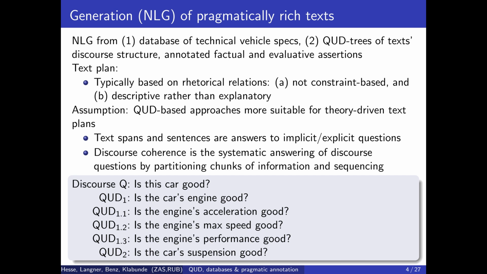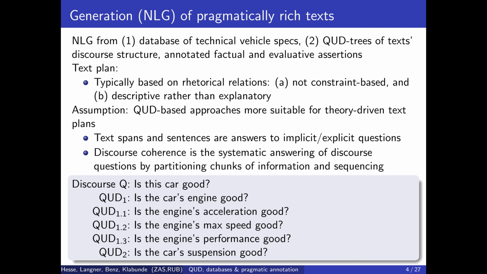So let's have different QUDs that ask for the acceleration, for the maximum speed, for the performance, and then as a whole, answering those three sub-QUDs, 1.1, 1.2, 1.3, answers QUD 1, is the engine good, and then we move on to the next section of the text.